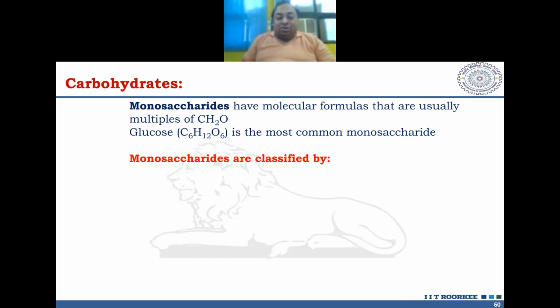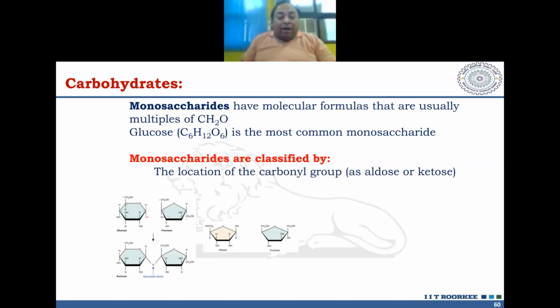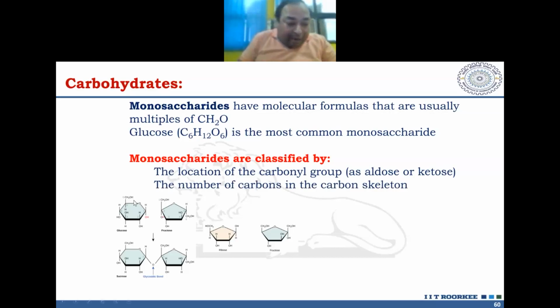Monosaccharides are classified by the location of the carbonyl group. If you take a look, you will see that monosaccharides have carbonyl groups, and depending on the position of the carbonyl group, they are classified.